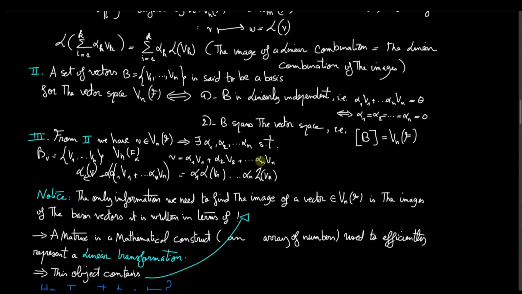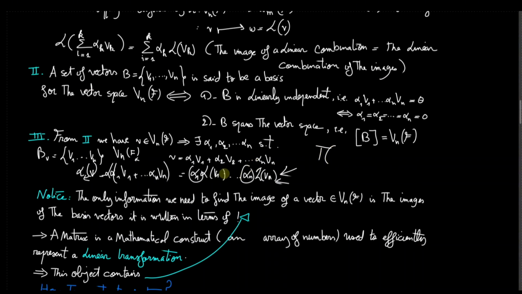So from that we get that the only information we need to find the image of any vector, no matter what, is, first of all, its representation in terms of a certain basis. We need these coefficients. We need to write that vector in terms of a certain basis. And then we need the transformed version of the basis vectors.